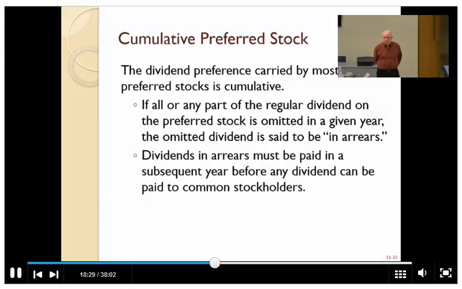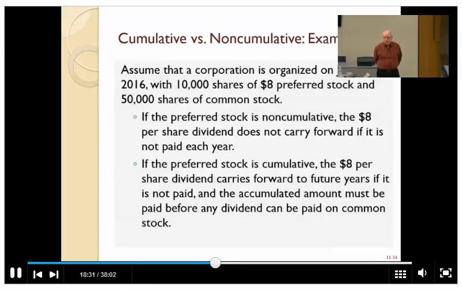Now, they're going to give an example. It says, assume that a corporation is organized on January 2016 with 10,000 shares of $8 preferred stock. And then they're giving us two scenarios: if the dividend is non-cumulative or if the dividend is cumulative.